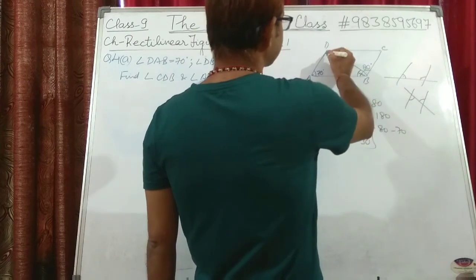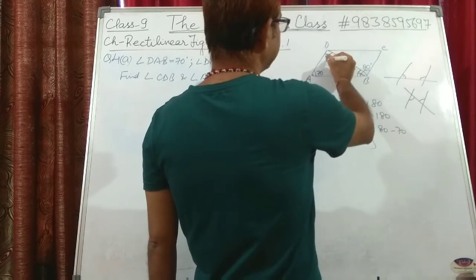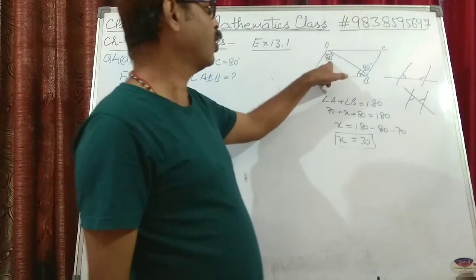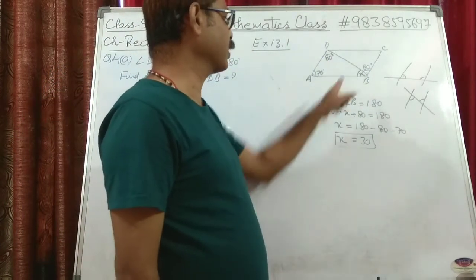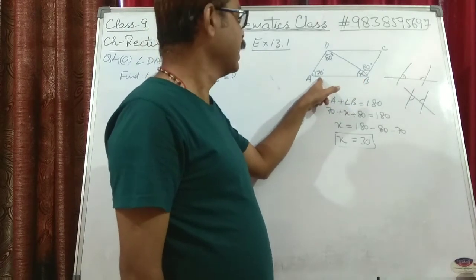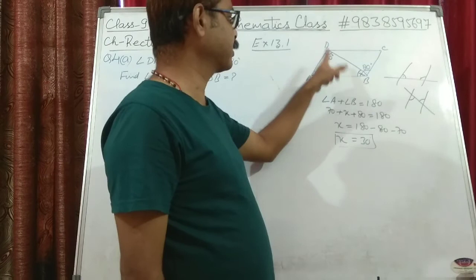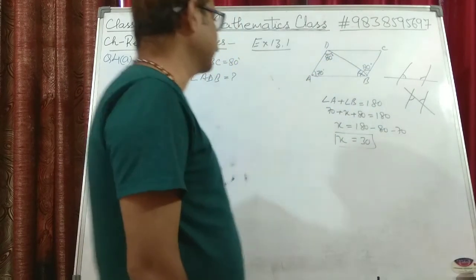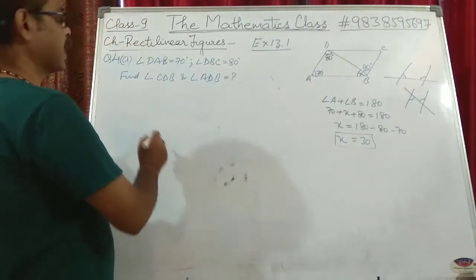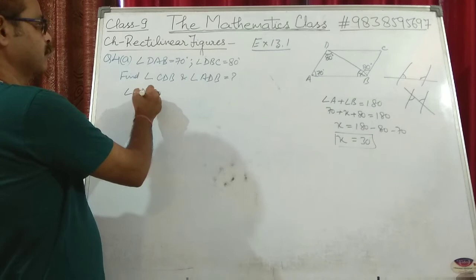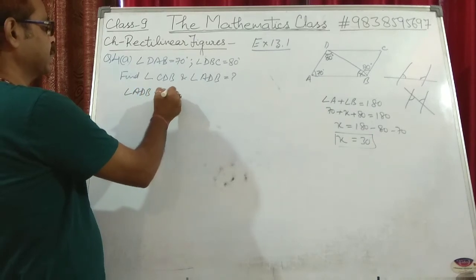So this is 80 degrees. Or you have calculated 30 plus 70 is 100, and this is triangle DAB. In a triangle, the sum of all the angles is 180. 180 minus 100, again it comes to be 80. So we got the value of angle ADB. Angle ADB is equal to 80 degrees.